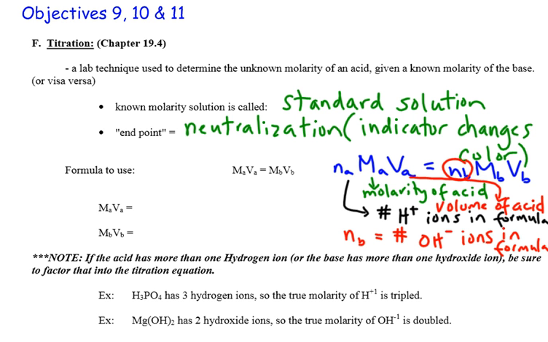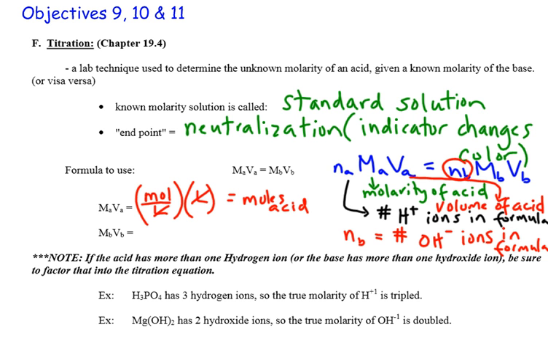Okay. So if we ignore the N's for the moment, I'm going to show you why this equation works. Molarity of the acid. Remember, molarity is moles per liter. If you know the moles per liter of the acid and you multiply that by the volume of the acid that you need, what you get is the number of moles of acid.